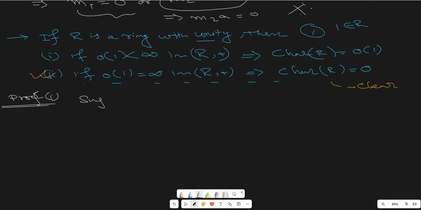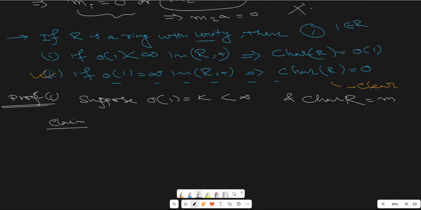Suppose the order of 1 is k, which is finite, and the characteristic of R is m. My claim is m equals k, or k equals m.